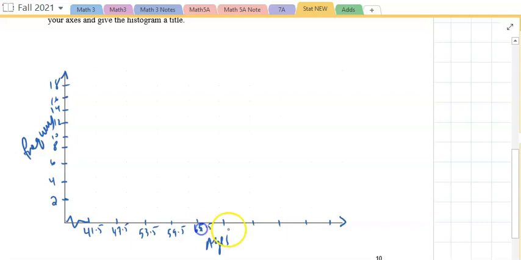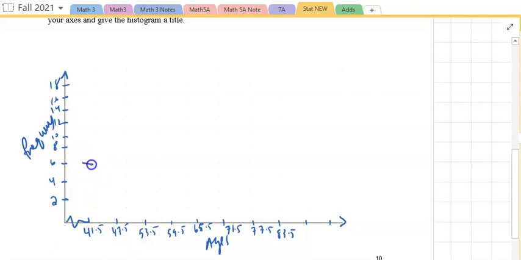So this is from the problem that we did last time. And then 71.5, 77.5, and 83.5.